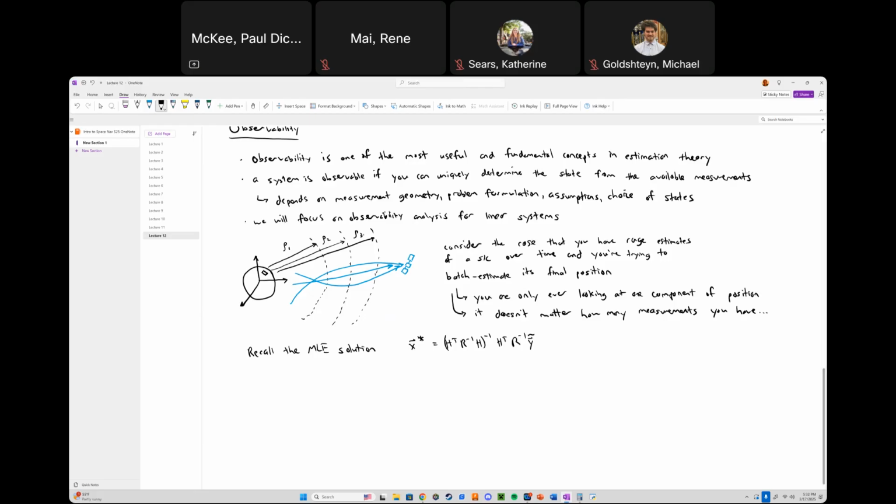Okay, so you can just think about it for a second. For this equation to have a unique solution, then this bit, H transpose R inverse H, must be invertible.